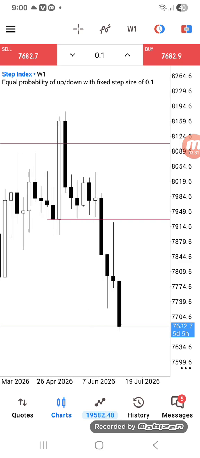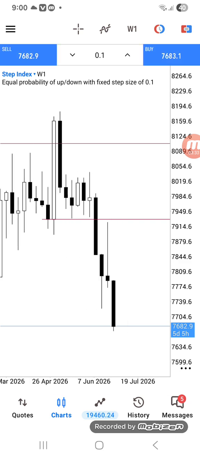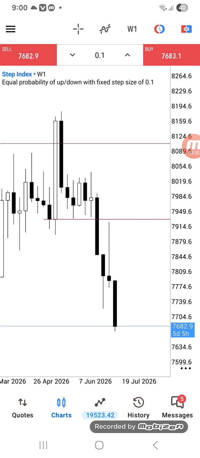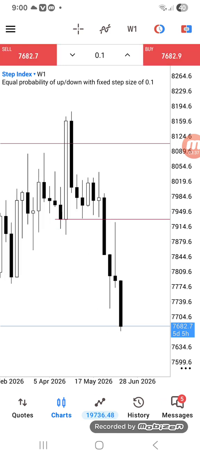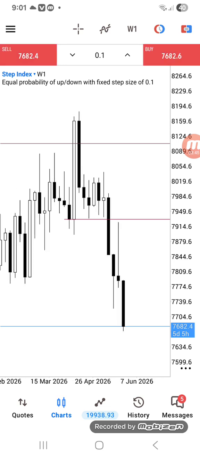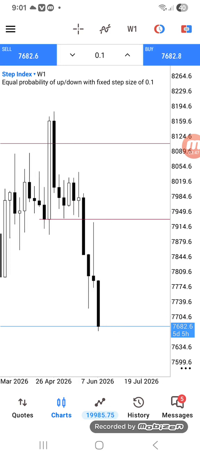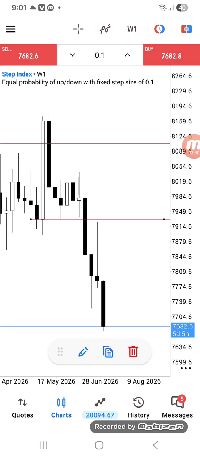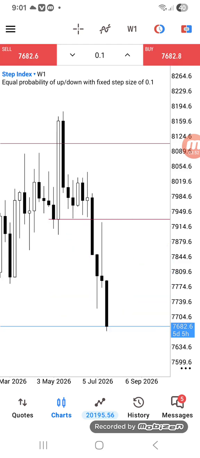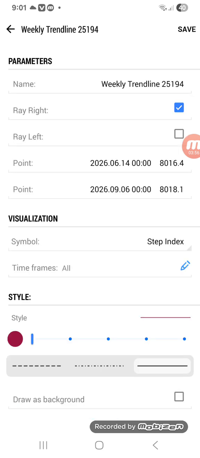So after the breakout, what else can you see now? You have to make sure that the storyline on the monthly also aligns with the weekly storyline. As you can see here, let me put my line here.